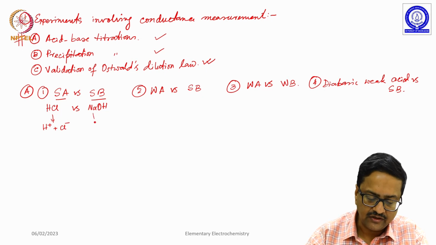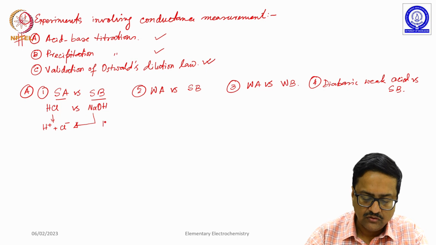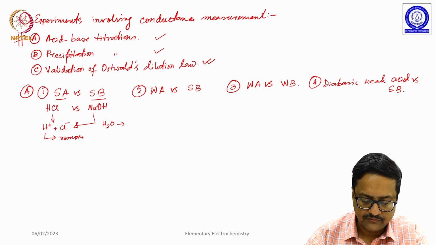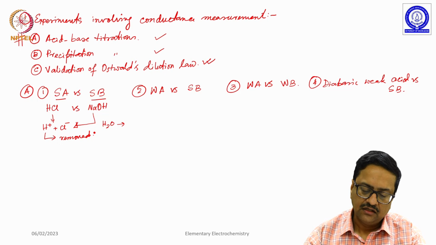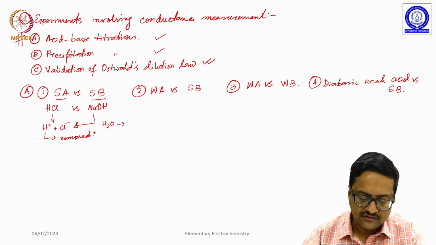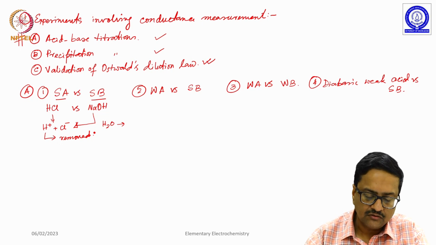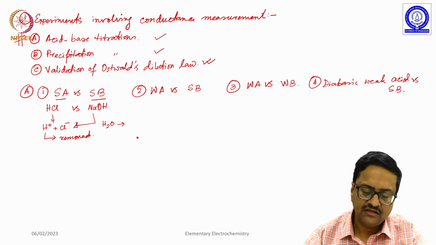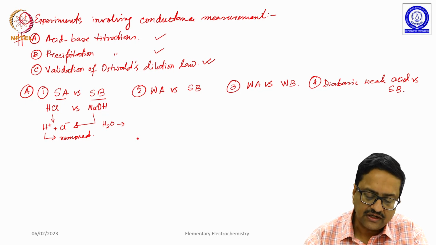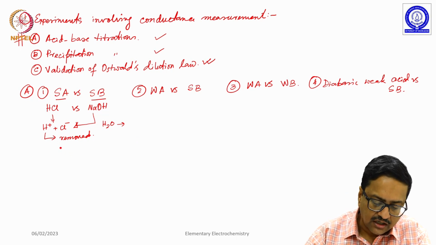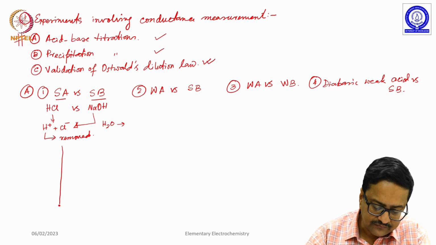So when we add NaOH to this, water is formed and H plus ions are removed continuously. What do we know about H plus ions? The conductivity of H plus ion is extremely high. So as soon as we start removing the H plus ions from a solution, the conductivity of that solution should tend to decrease. How should that decrease happen?